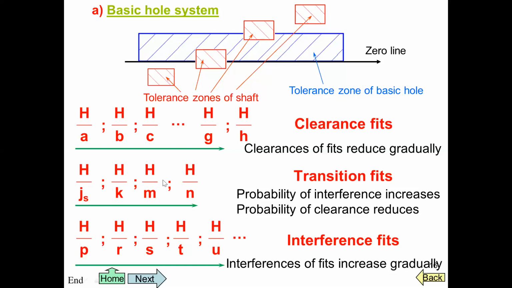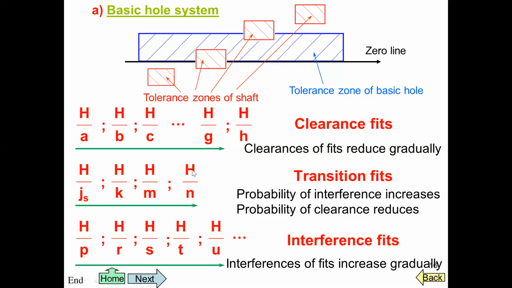And move to the third one, S over M. In this case, the probability of interference is over 80%, and only 20% is the probability of clearance.